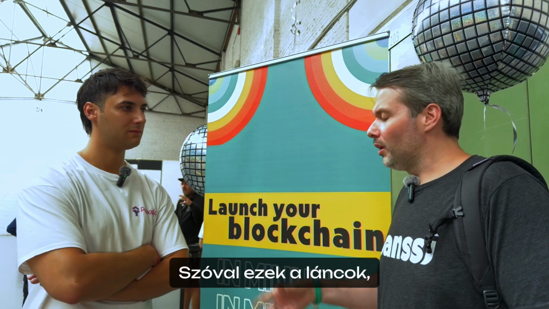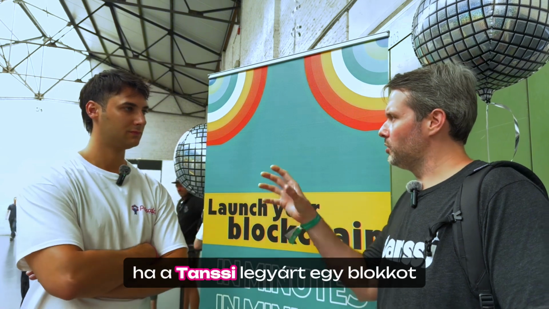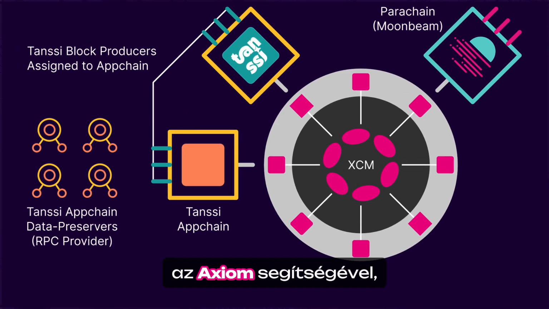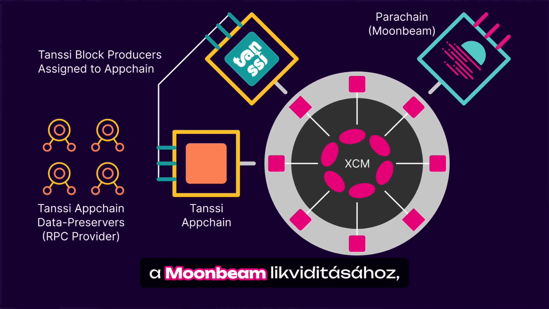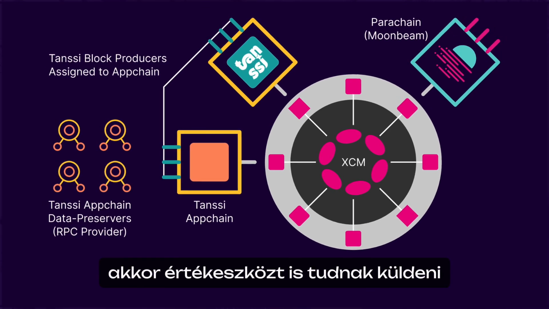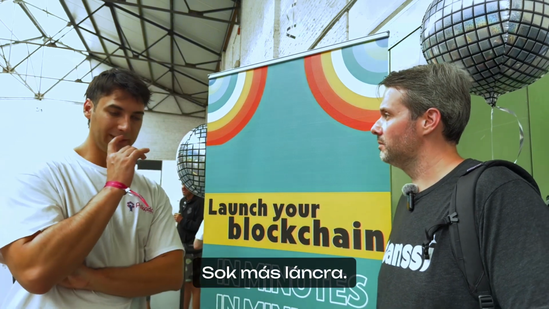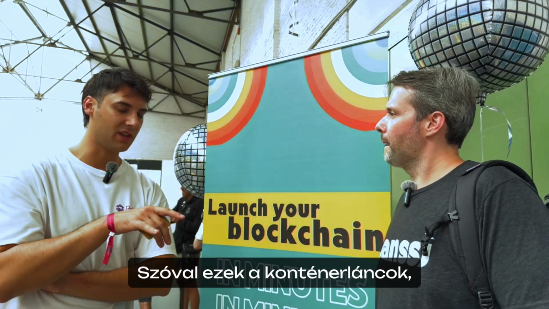So once you have XCM channels, you can make XCM calls, and let's say Tanssi is producing blocks on behalf of one chain, but this chain can also access Moonbeam. If they can access Moonbeam using XCM, they can access Moonbeam router liquidity. And if they use that, they can also bridge assets to other ecosystems, to Ethereum, to Solana even, and other ecosystems.